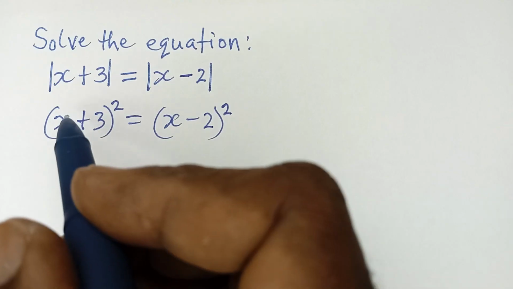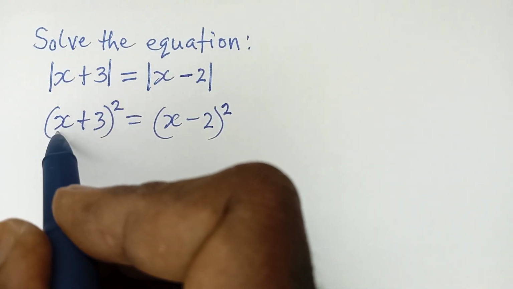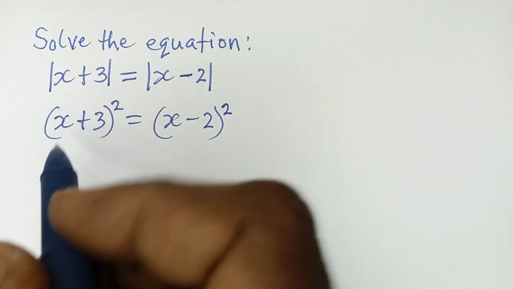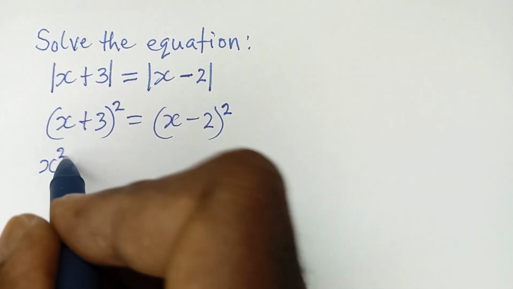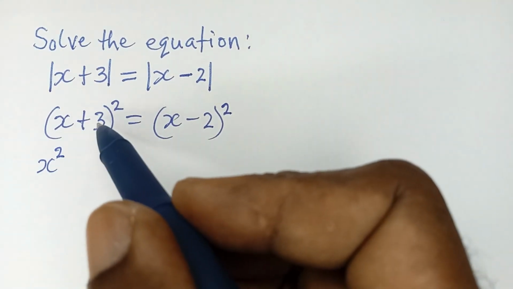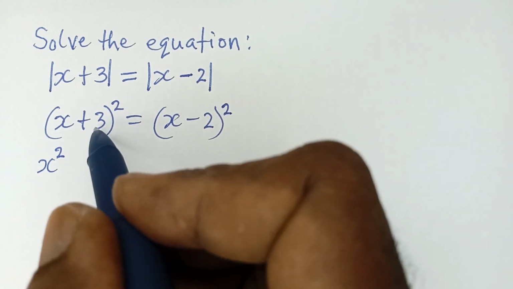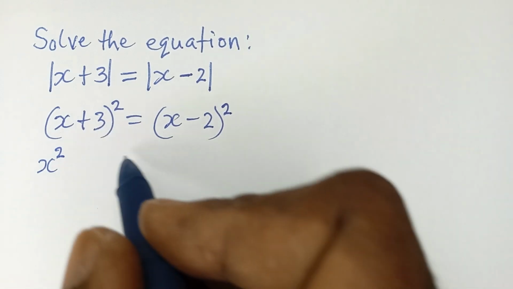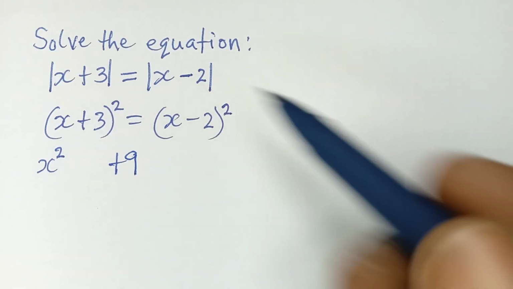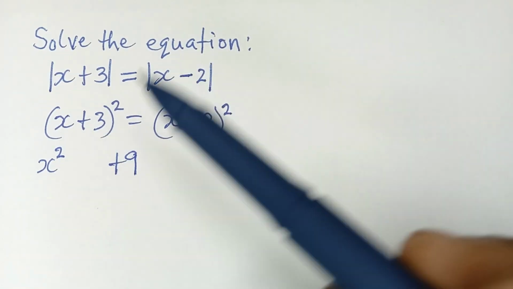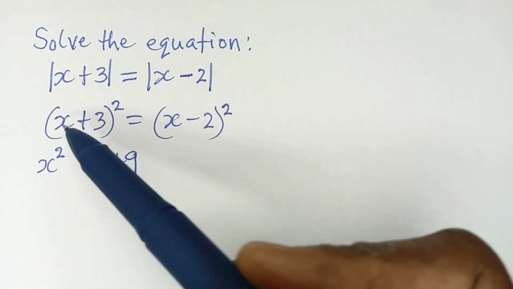For us to square it, the simple trick is to square this first part here, x. When we square x, it's going to give us x squared. And then square this last part and put it at the end here. When we square positive 3, it gives us positive 9. And then to get the middle term, you multiply the two terms together.